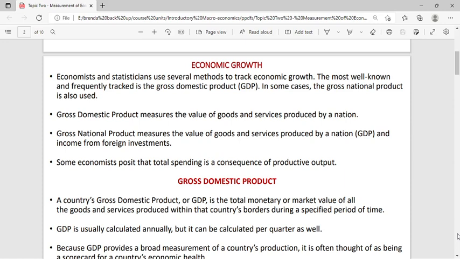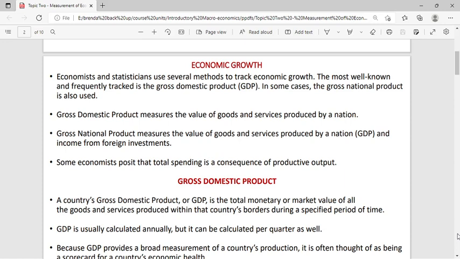On the other hand, gross national product measures the value of goods and services produced by a country and also adds on income from foreign investments. So an economy might have investments, or we could even have nationals with investments out of the country.